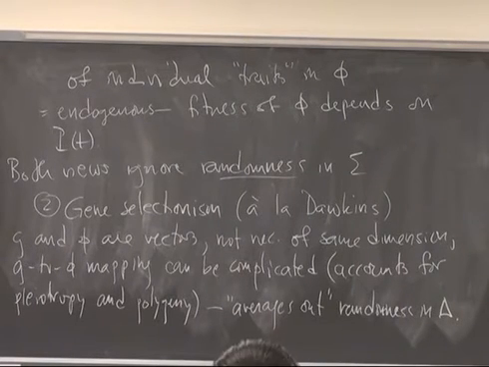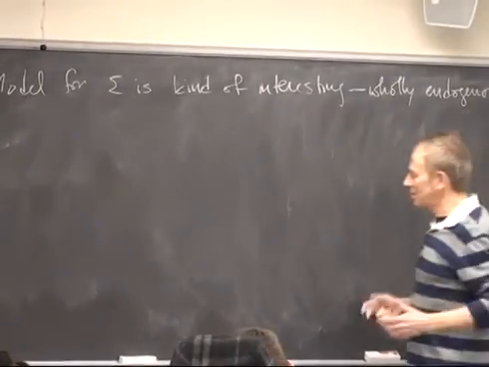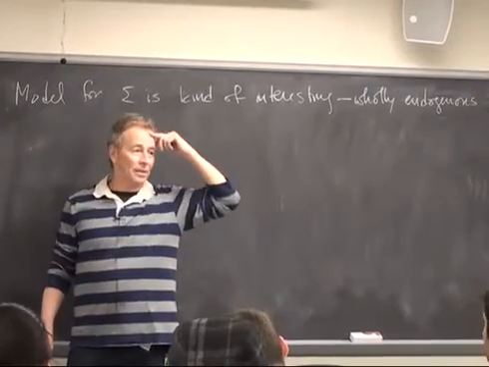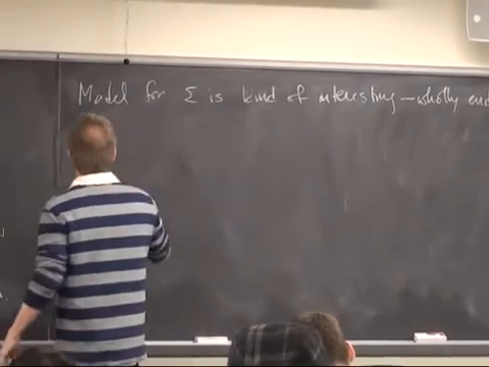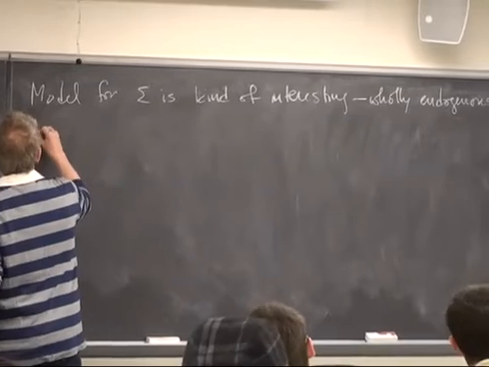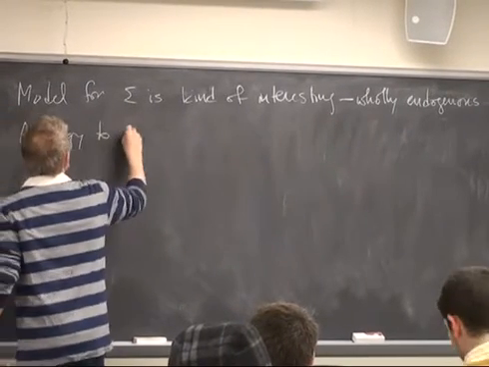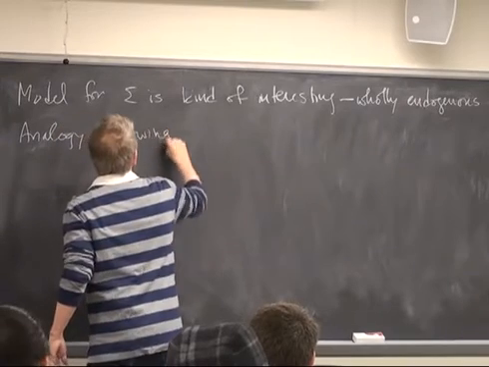But it takes account of the way that selection really happens. And the analogy that he draws, and you can overwork this analogy, but it's a cool analogy, is to a rowing team.